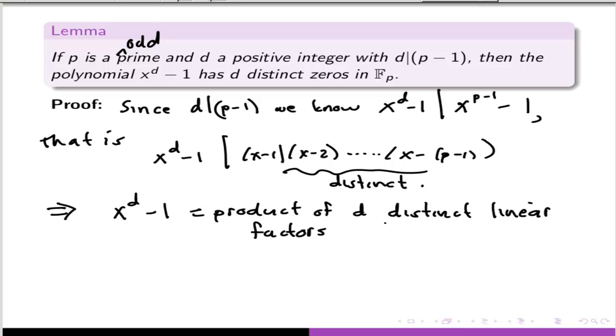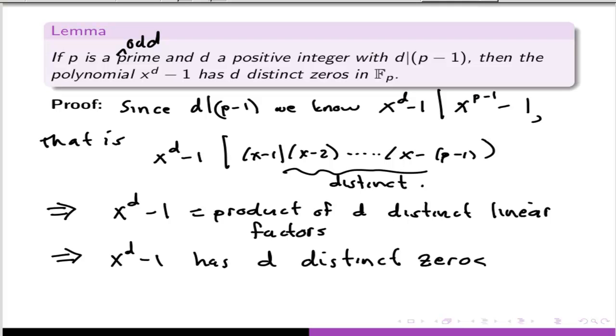So it's a product of D distinct linear factors, which means that it has D distinct zeros. Each factor corresponds to a zero.